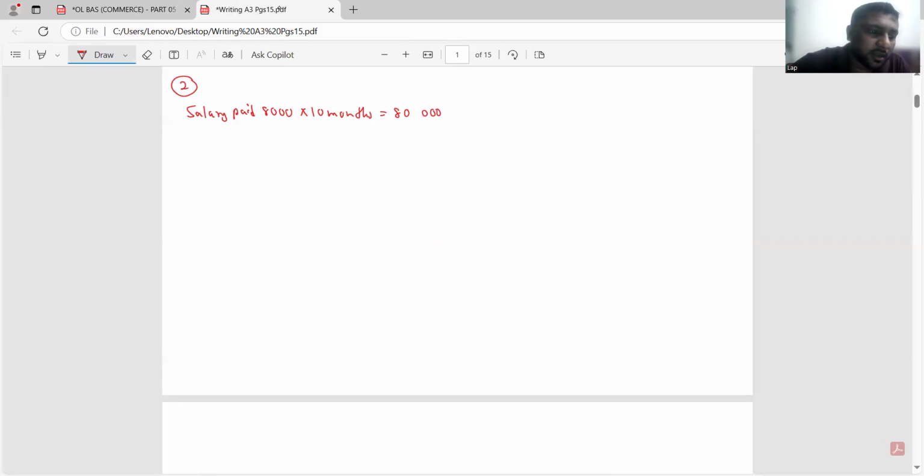So we'll record the double entry value lamai. We'll put it to the T account. Here you have the salary expense account. Here you have the cash account. Salary expense account 80,000 debit. Cash account 80,000 credit.